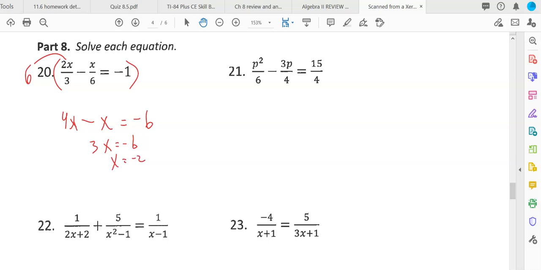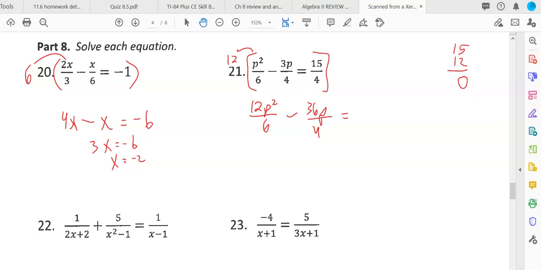Okay, so on this one, we're going to multiply everything by the LCD, which would be 12 in this case, right? So I'll just go ahead and distribute it first, and then we'll cancel. You can do this all in one step if you want. Some people cancel right away. I'll just wait and cancel at the end. So 36p over 4 equals, what's 12 times 15?